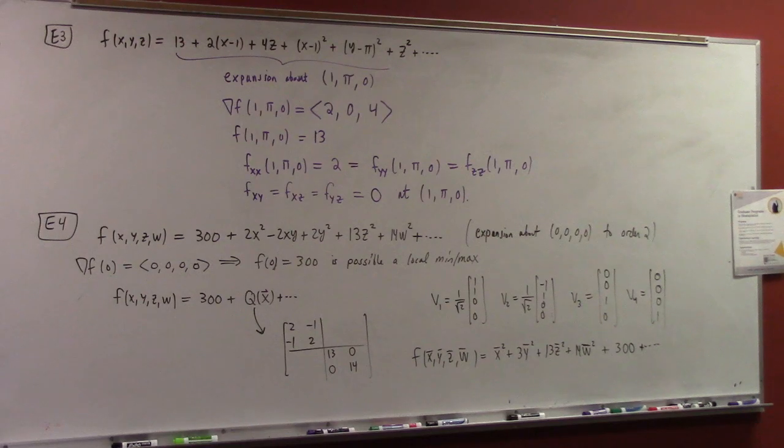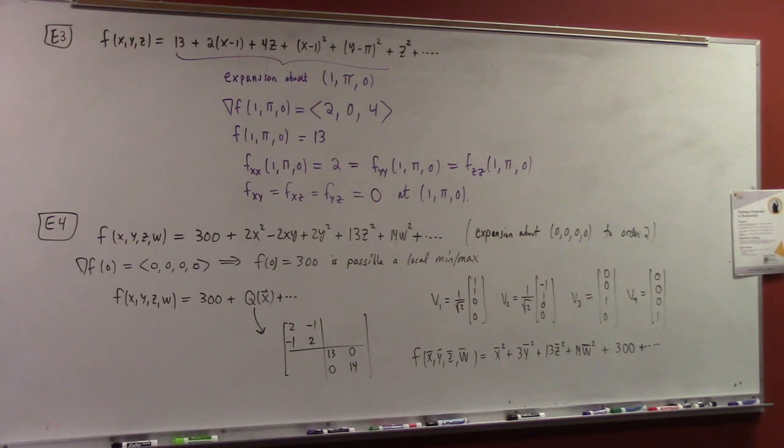Then number one, if D equals fxx fyy minus fxy squared is less than 0 at a, b, then f of a, b is neither min nor max.